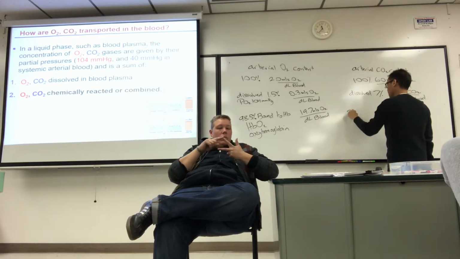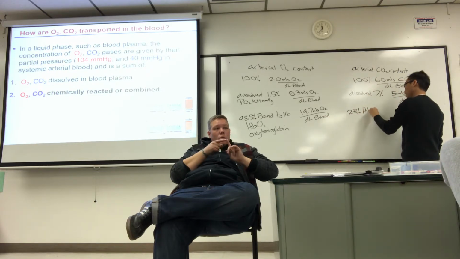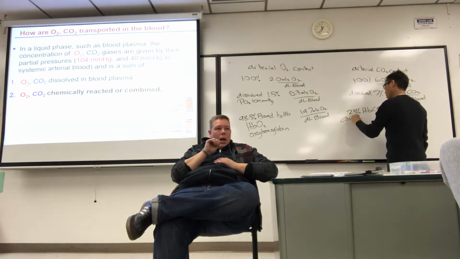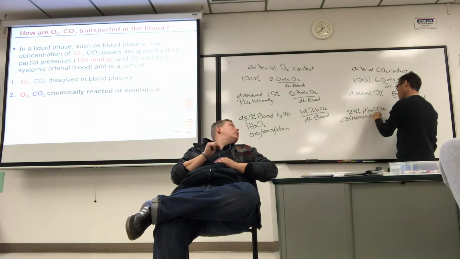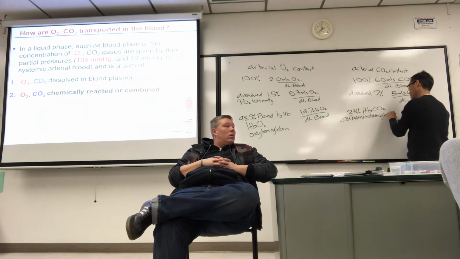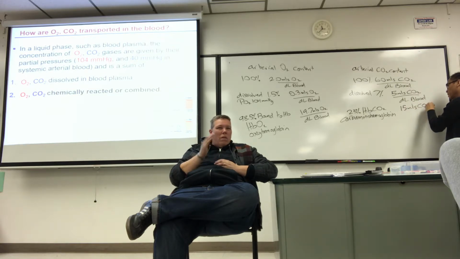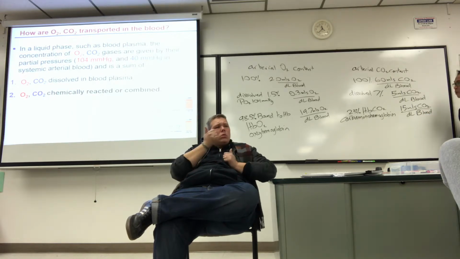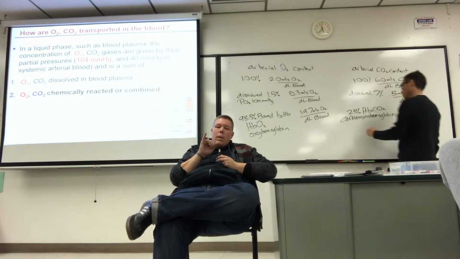About 23% is bound to hemoglobin, HbCO2. That's called carbaminohemoglobin. So that's about 15 mils of CO2 per deciliter of blood. The majority of CO2 is transported in the form of bicarbonate, so about 70%.